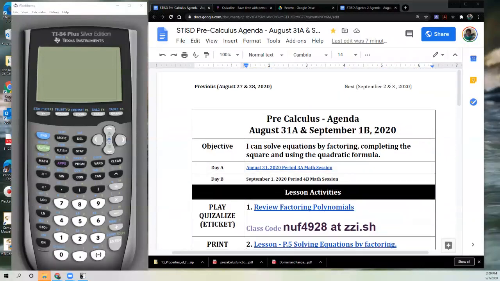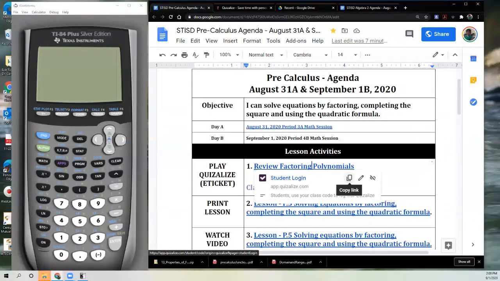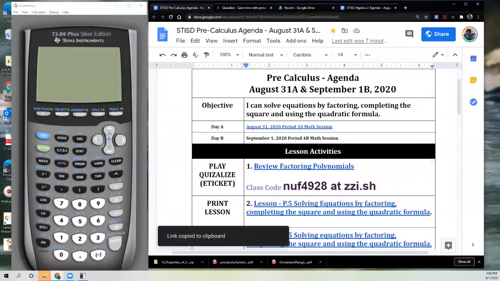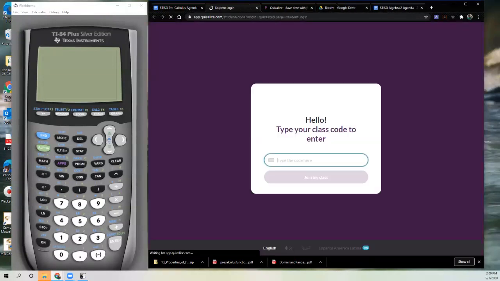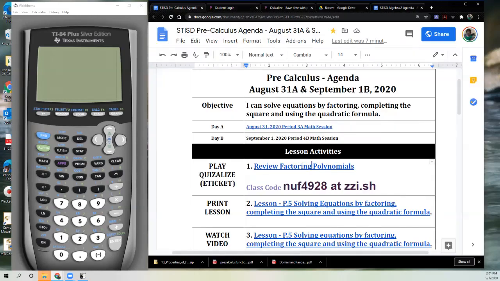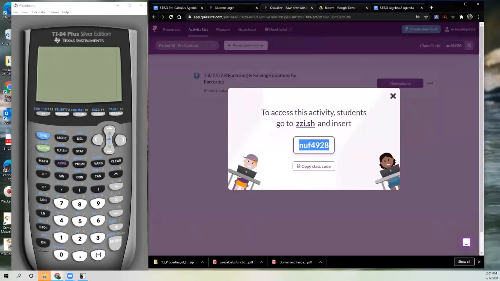So we're going to go to this website called Quizalize. If you were with me last year, you know what I'm talking about. I'm going to send you the link. Go to Quizalize, and it's going to say hello. Type your class code here, and your class code is NUF 4928. Enter NUF 4928 and click.